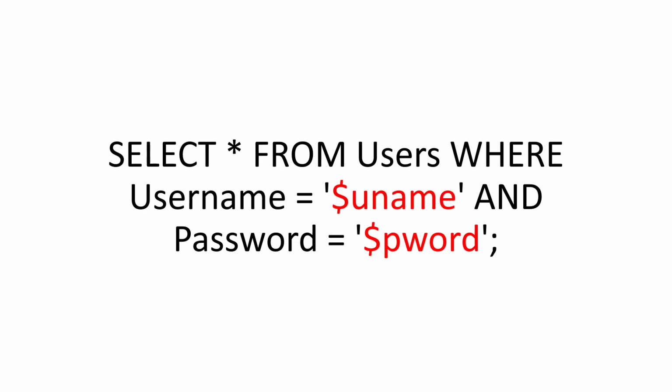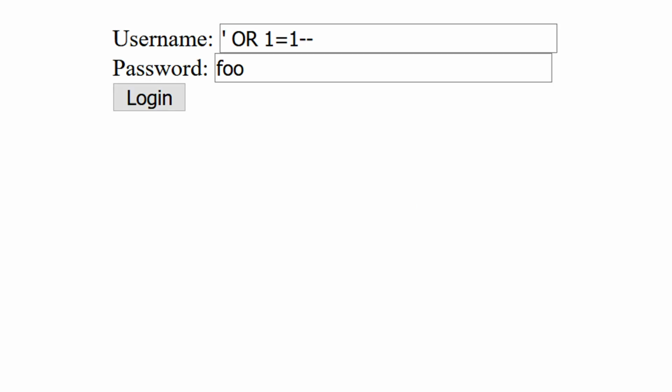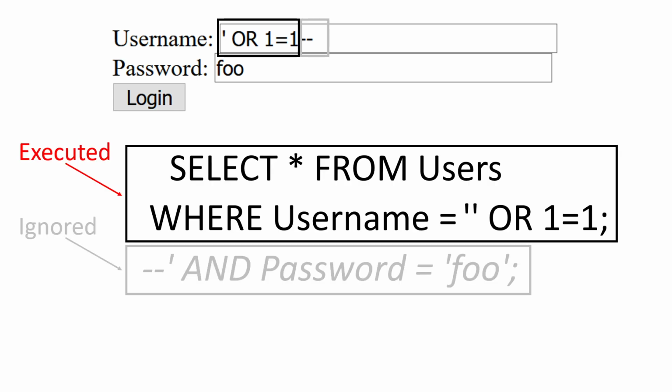Another example, using the same query, select star from users, where username is equal to a value and password is equal to a value, could be crafted where the input is quote or 1=1 dash dash. So how does this actually look when it gets parsed by SQL? We get a SQL statement that says select star from users, where username is equal to quote quote or 1=1.